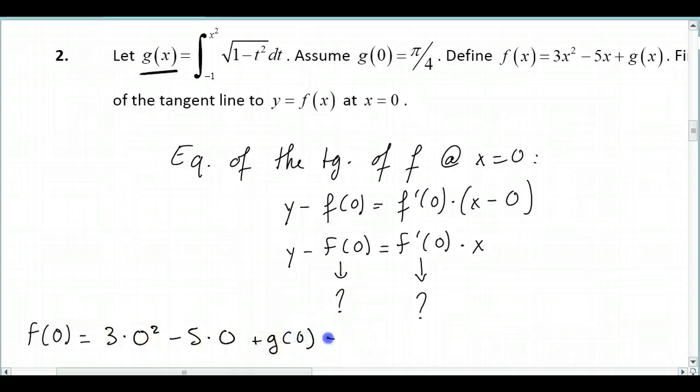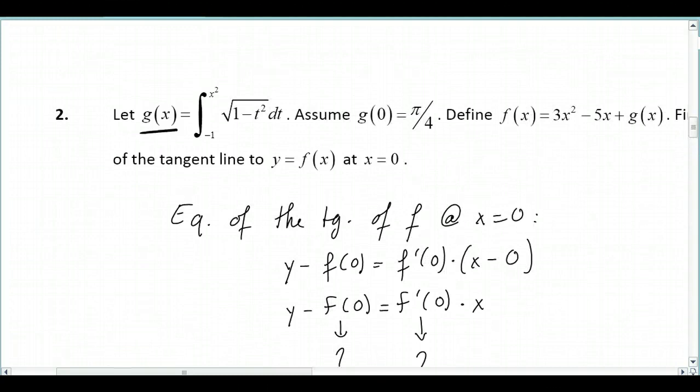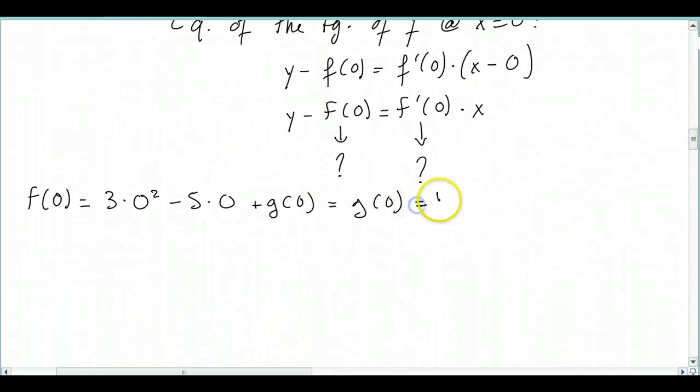So that's just g of 0. Now where's g of 0? G of x is right here. It would be complicated to compute this at 0 right here. If this is 0, I'm not sure how to compute that, but I'm giving you g of 0. So f of 0 is g of 0, which is pi over 4. All right, so this is done.